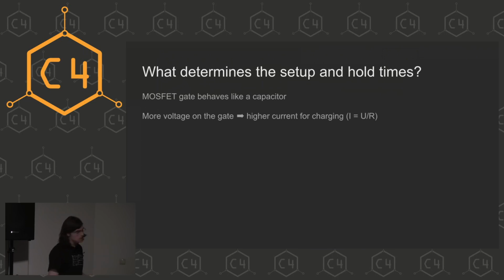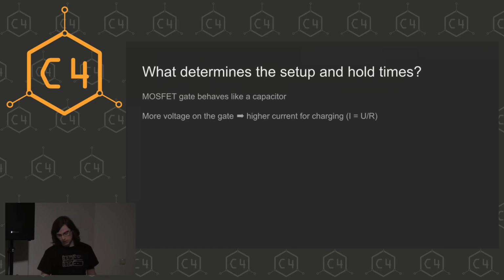What's interesting is that if we increase the voltage that we put on the gate, we can make them switch faster. Because if we apply a voltage, some current will flow into the gate, and if we have a higher voltage, according to Ohm's law, we will get a higher current.